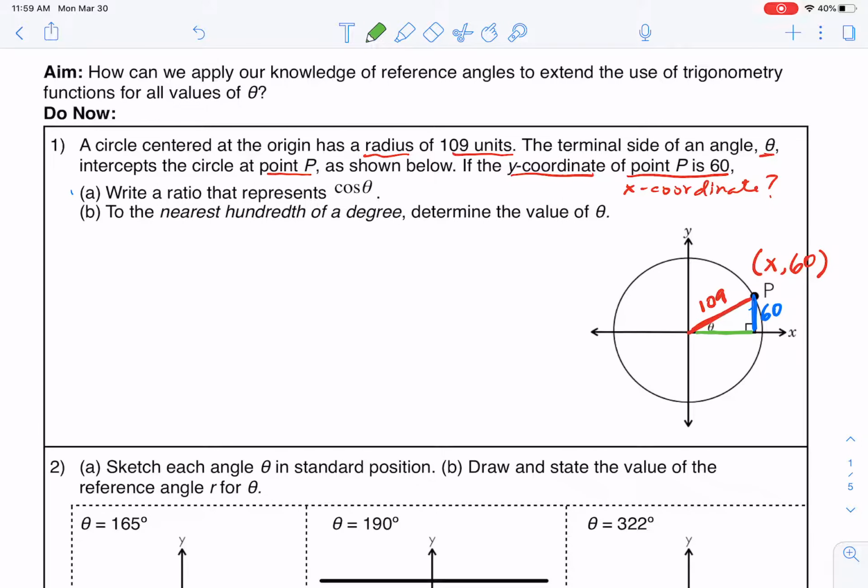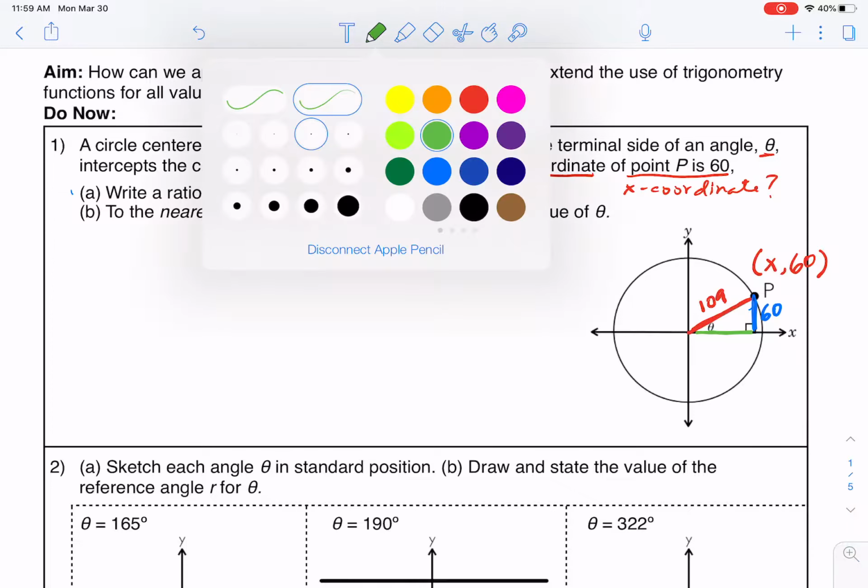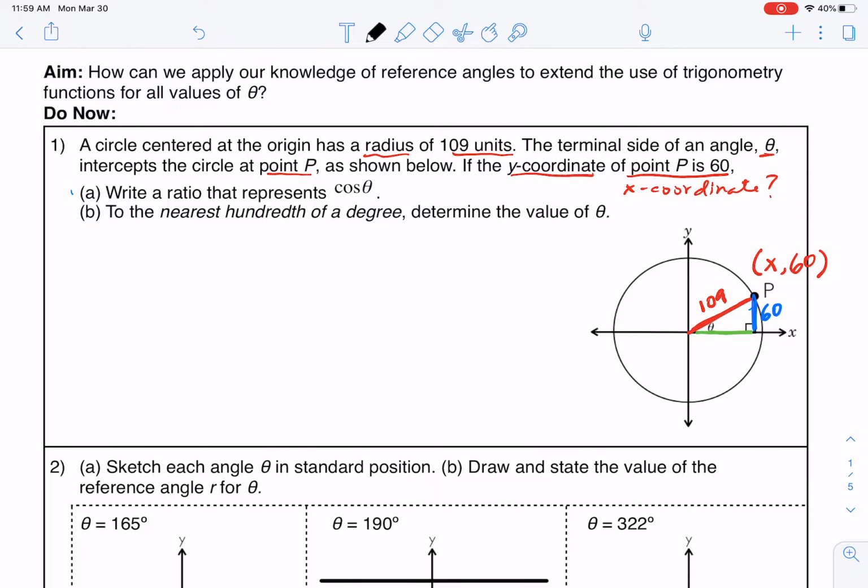And the way I would find out the length of that last side is just using the Pythagorean theorem. So that's a squared plus b squared equals c squared. Now remember, c is always the length of our hypotenuse.